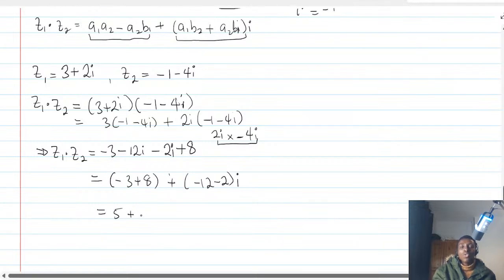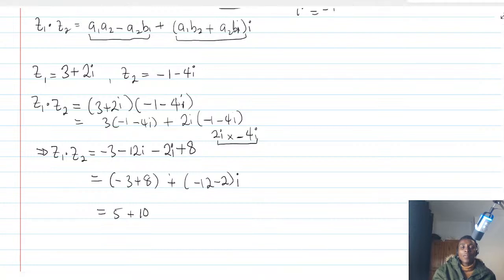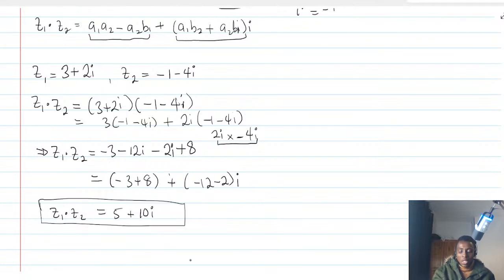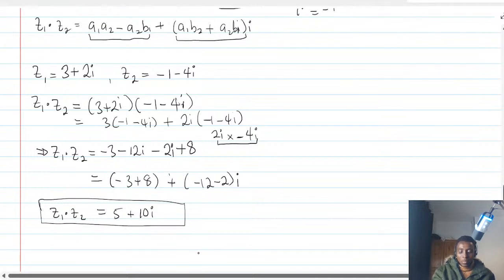Plus 12 minus 2 gives us what? 10. All right, so this is actually the basic multiplication here. Okay, so that is it.